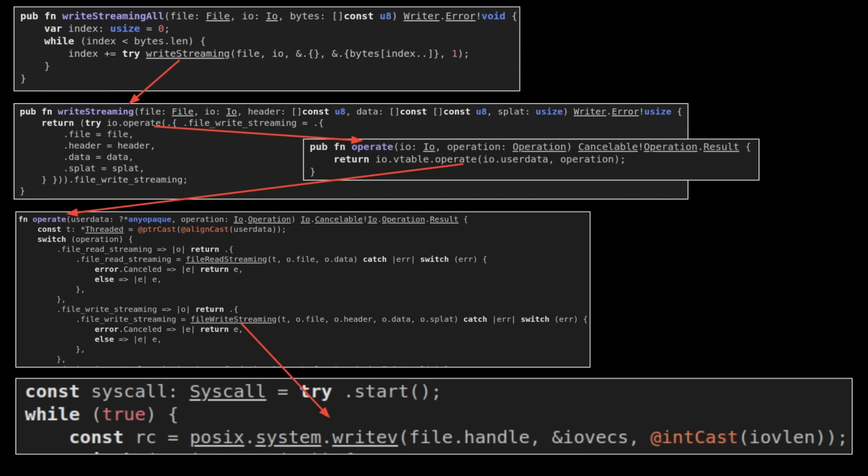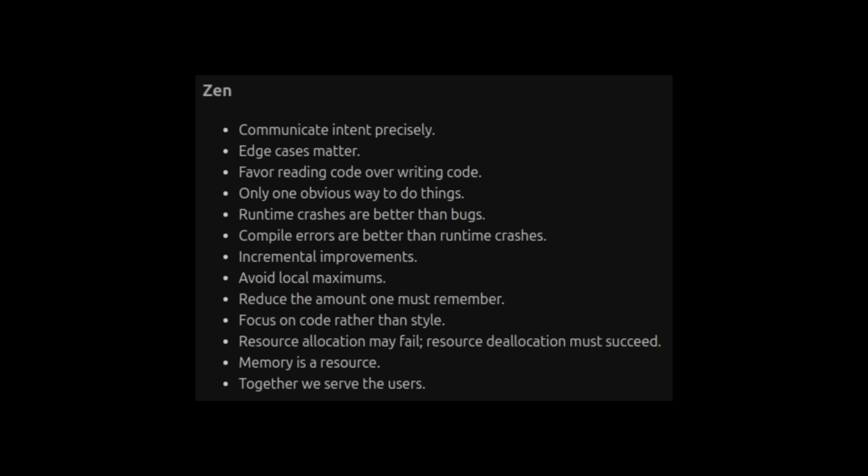But if you dig a bit, you'll realize that more often than not, the Zig way of doing things is usually very sensible and well thought out and optimal. It's part of the Zig Zen to provide only one obvious way to do something and may as well make it the most optimal way.